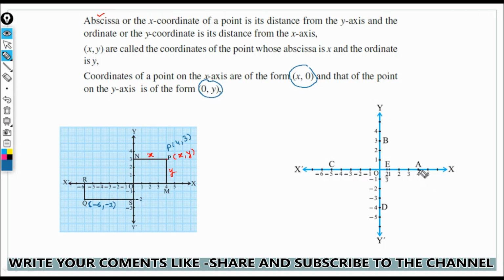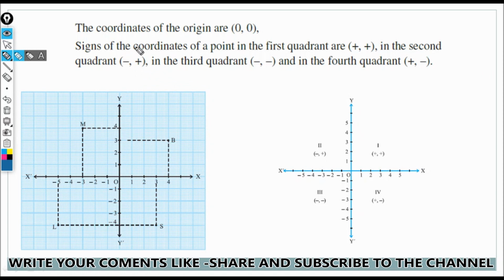So for example here, coordinate of point A is 4 comma 0, coordinate of E point is 2 by 3 comma 0, coordinate of point B, it is 0 comma 3, coordinate of point C -5 comma 0, coordinate of D 0 comma -4. So just now we have seen, the coordinate of the origin. This is called origin and its coordinate are always 0 comma 0.